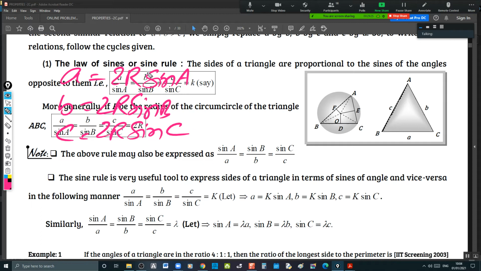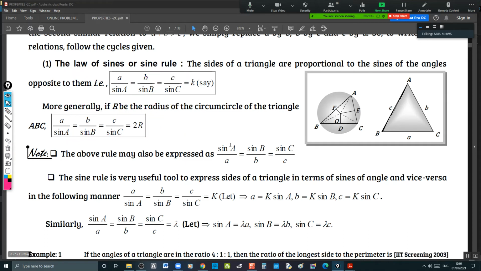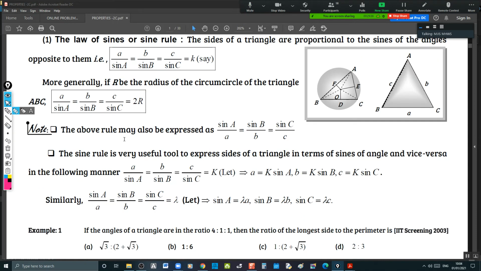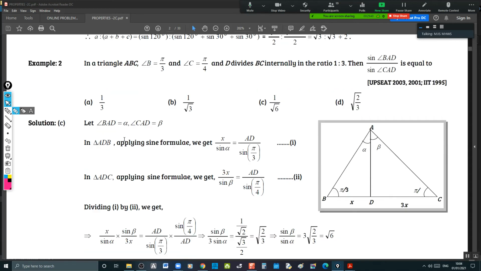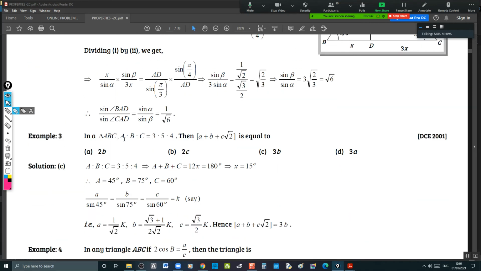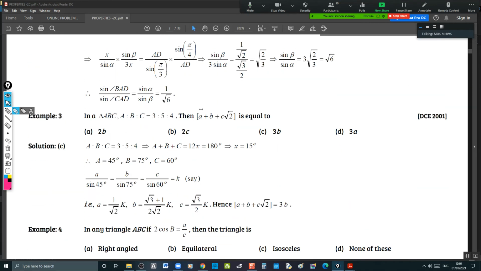Now, a is to b is to c is obviously sin A is to sin B is to sin C. I don't want to insist on this one, but it is important. The sine rule. Now we are not going to see the problems here. These are all the problems we'll be discussing later separately.